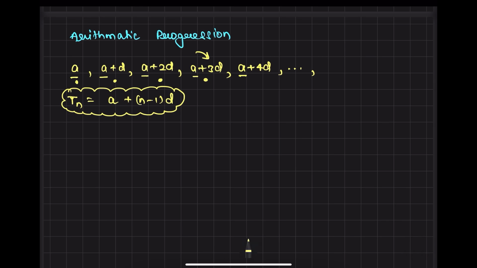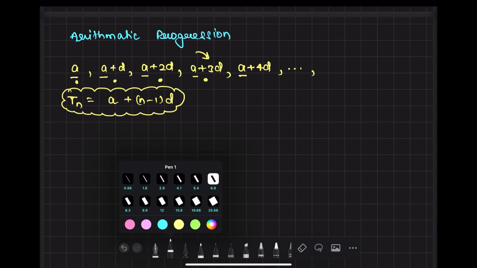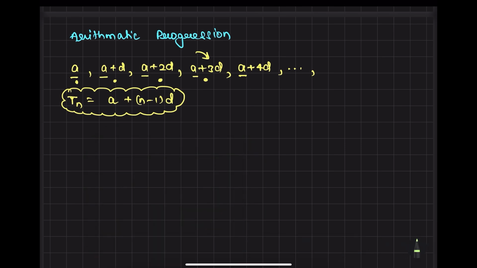Okay, now try to find out the sum of n terms in AP. So suppose that we are calling a plus d plus a plus 2d plus a plus 3d dot dot dot a plus n minus 1 d.